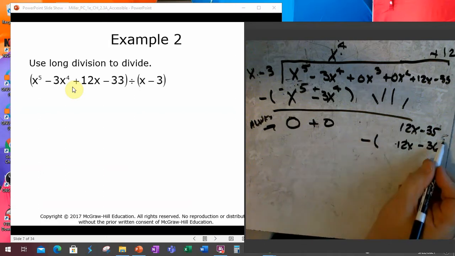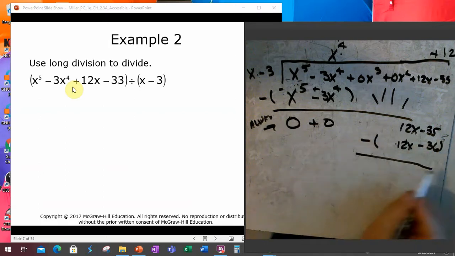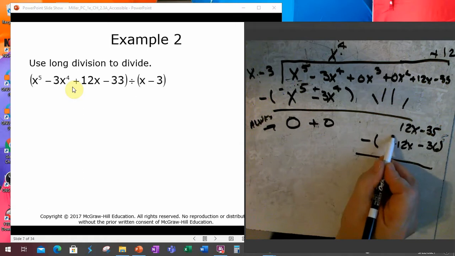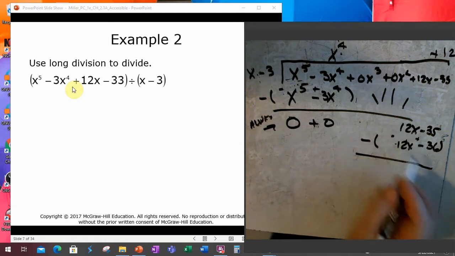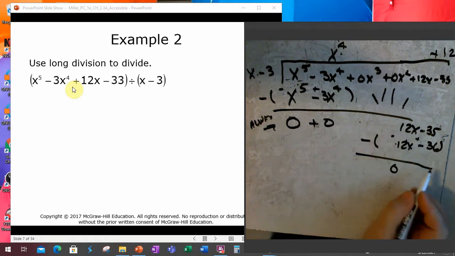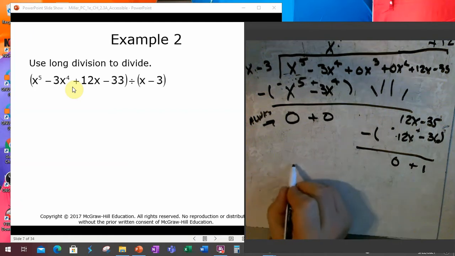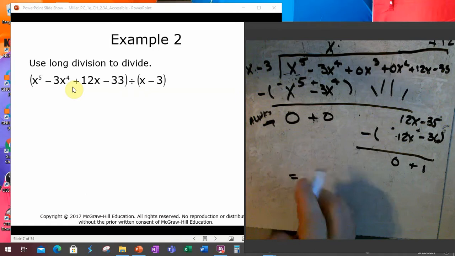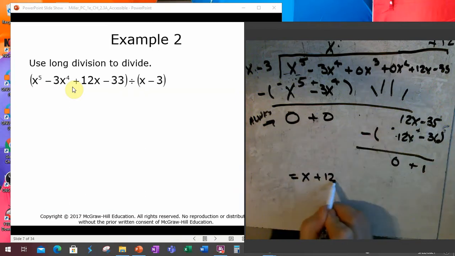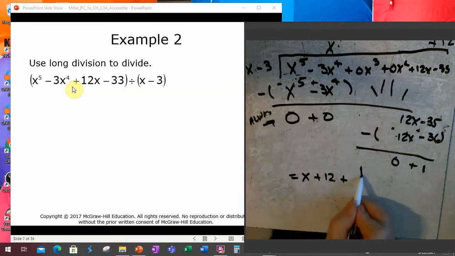And then I want to do the subtract. This will be a negative, and then that'll be a positive. So 0 plus 1. So the result of that is x plus 12 plus 1 over x minus 3.